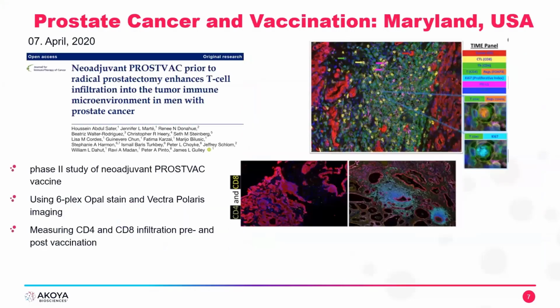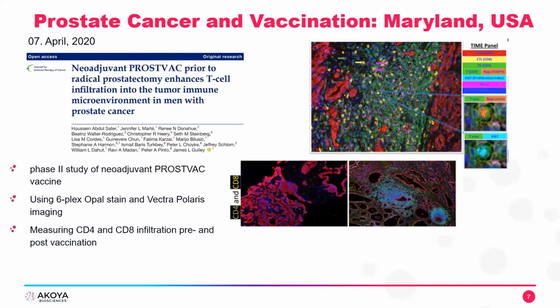Now I jump to the next application here. You see, this is a publication where people try to vaccinate and to analyze in prostate cancer if it could get an increase of T cells after the vaccination here.